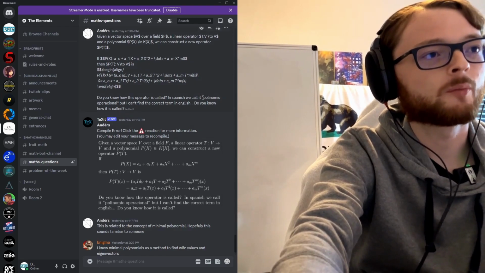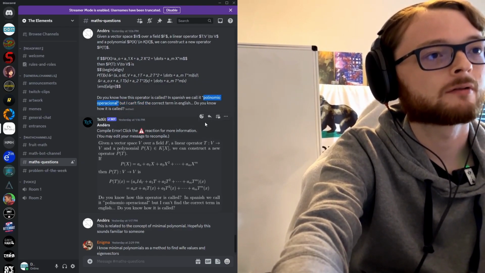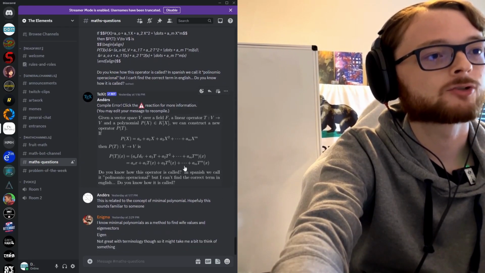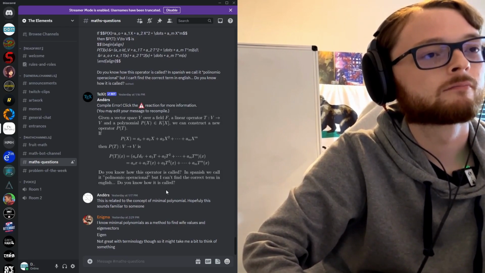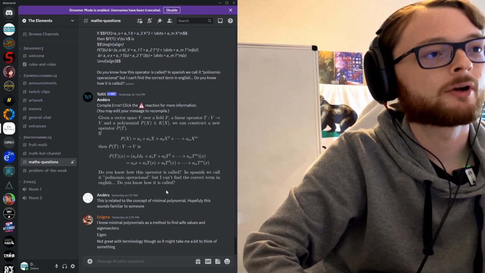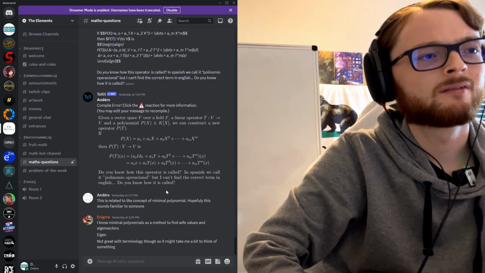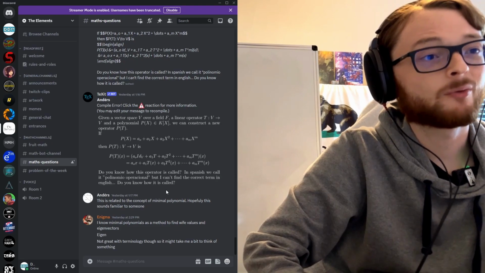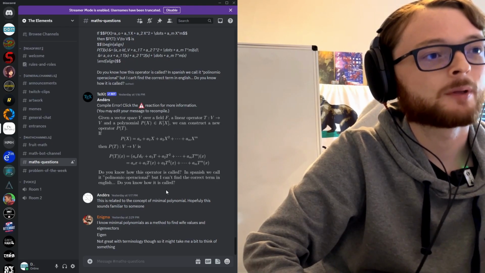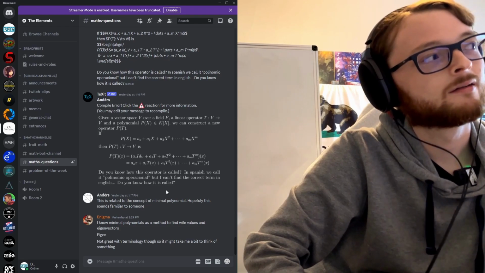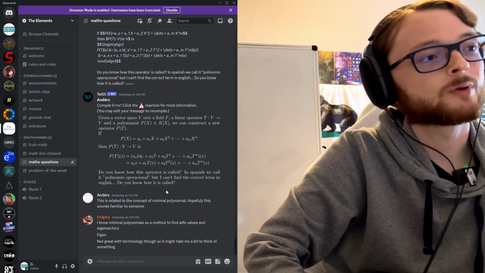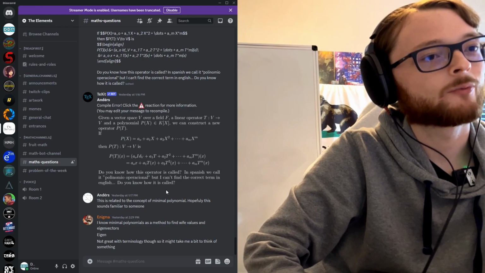It just looks like polynomial operator based off the Spanish wording, but I don't know if that's a special name or anything. A linear operator on a polynomial. Is that just a linear transformation that happens to be on a polynomial? I don't know. My linear algebra class is not that rigorous, so I'm not sure about this one either.